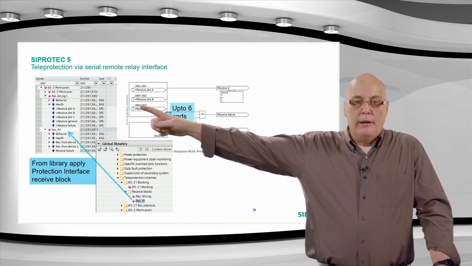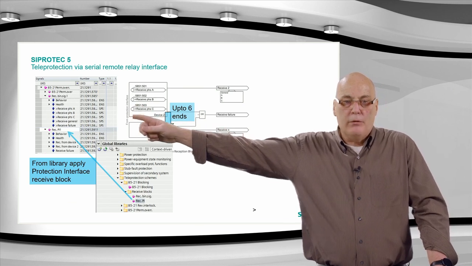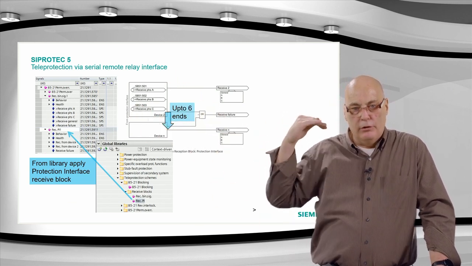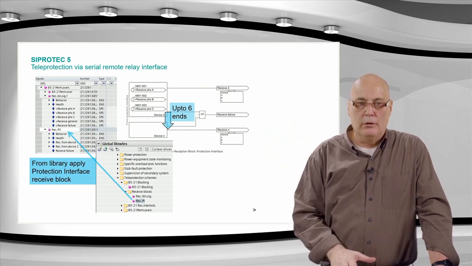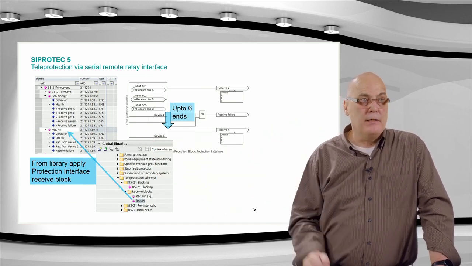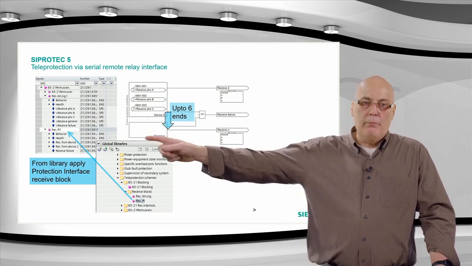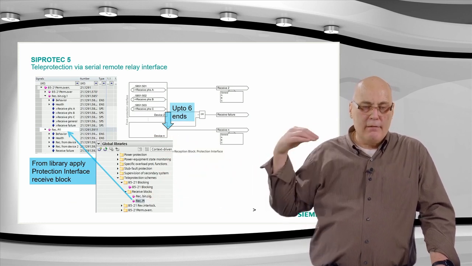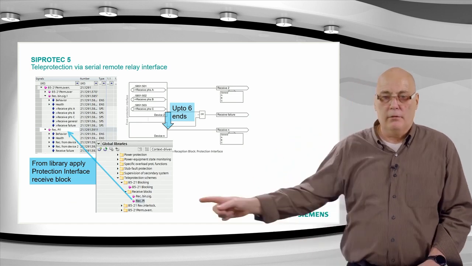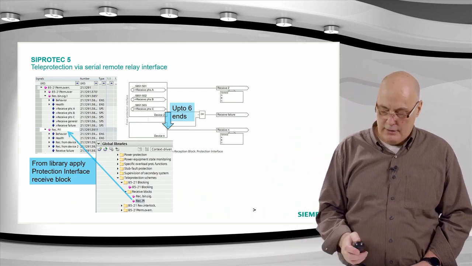The binary inputs there, you can see there's receive ABC, you define each one independently, and further up there would be send signals also individually, ABC send, which you can route independently. If you use a PI, it will automatically be phase selective. So in the PI protection interface, you don't have to set anything special to be phase selective. It is automatically phase selective.